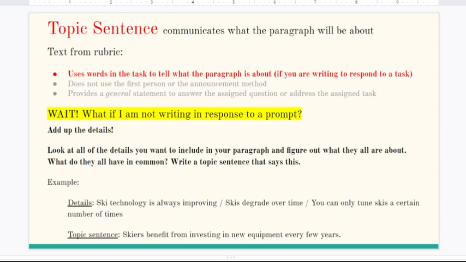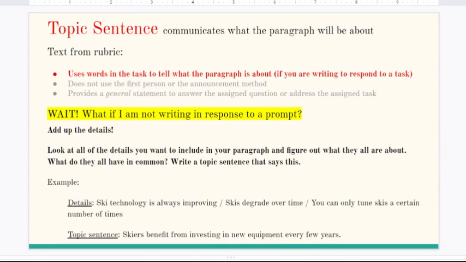To write a topic sentence, you need to figure out what they all have in common, what they're all about, and write a topic sentence that expresses this. And you might be able to find a few things that all these details have in common, but you get to decide what you write about. So, my topic sentence, the thing that I want to say about skis, is that skiers benefit from investing in new equipment or buying new equipment every few years.